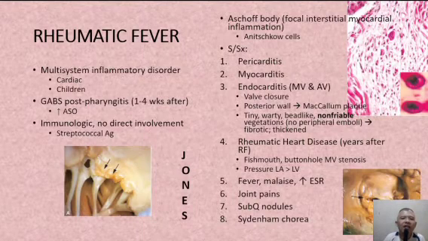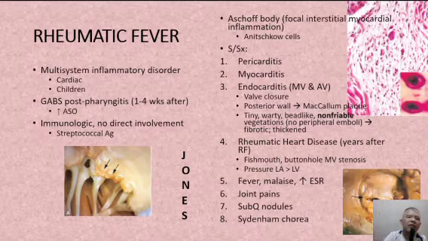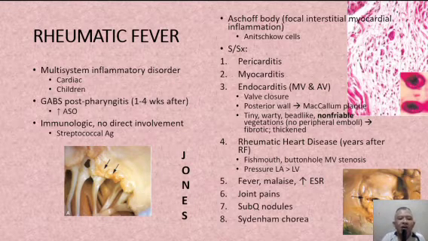Next is rheumatic fever or rheumatic heart disease. Rheumatic heart disease is a multi-systemic inflammatory disorder. Okay, and it involves young children that have a streptococcal infection of the throat, causing pharyngitis.